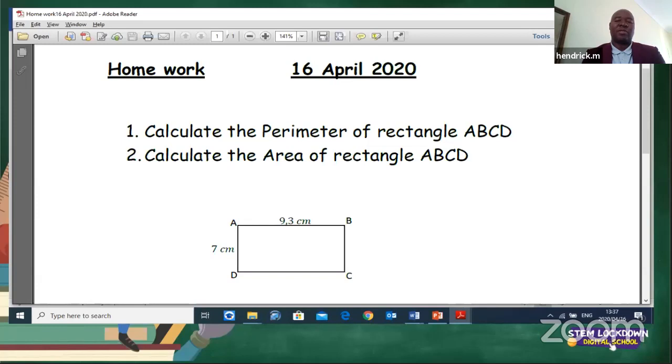I've just shown you the formula to calculate the perimeter. If there's anyone who wants to try and answer the first one, calculate the perimeter of the rectangle. I'm ready for you. Anyone at all? Mulalo? What is the perimeter of the rectangle?